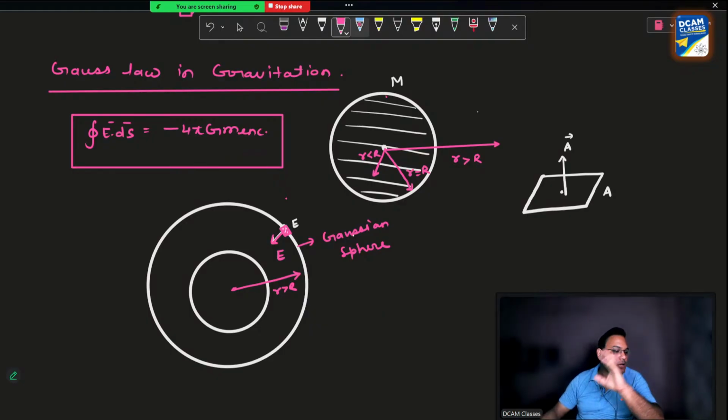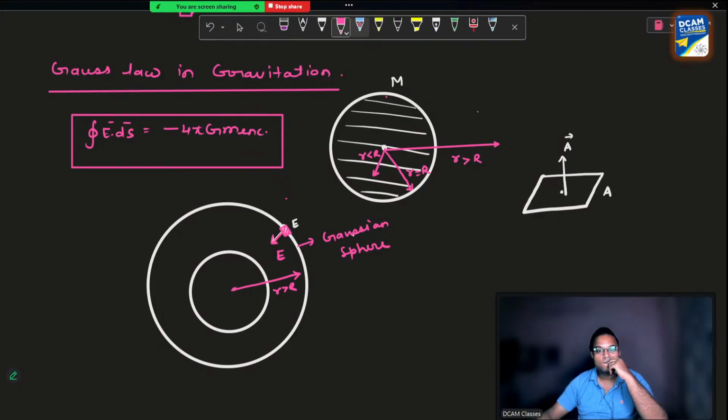If you take a ball, and take a field, the area vector will be parallel to the field. This is the area. The field is like this, towards you. The area vector of this, my fingers, is actually parallel to this field. Able to see?